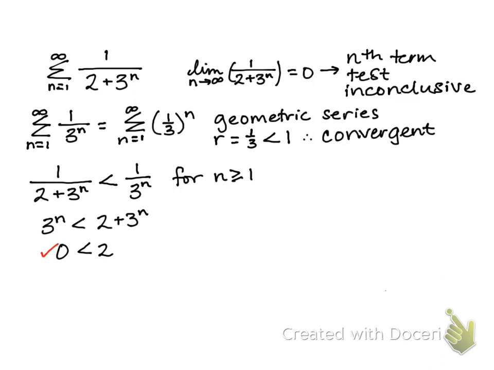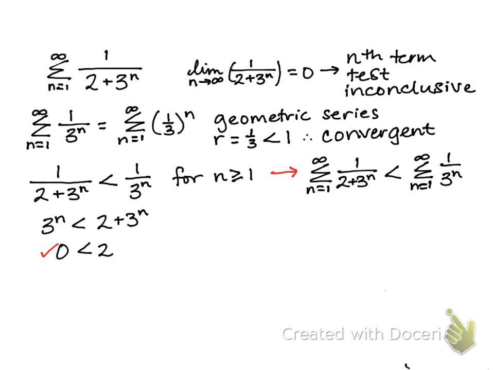Well, therefore, from that, I can then say that the sum of this series, 1 over 2 plus 3 to the n, must be less than the sum of this series, 1 over 3 to the n.